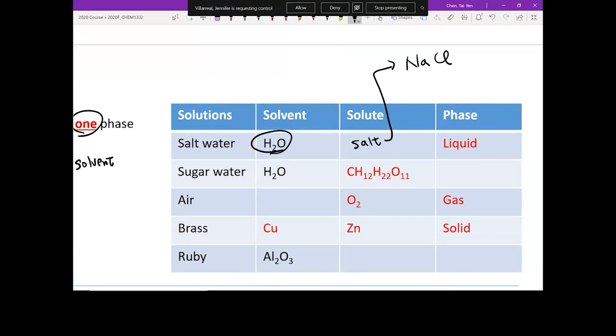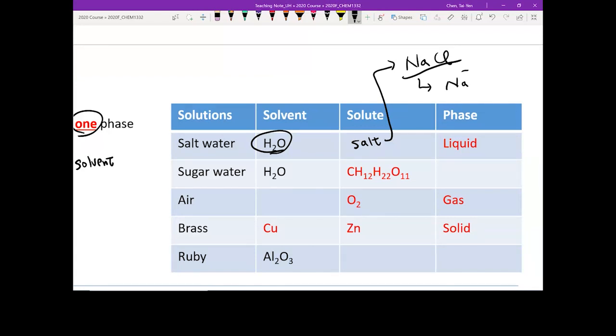One thing you want to be careful about is if you throw your sodium chloride, which is a white solid, into the water, the white solid disappears, right? Because when sodium chloride dissolves inside water, it becomes Na+ and Cl-, and those ions are surrounded by the water molecules. Then they form a homogeneous solution. So we call this a liquid phase solution.